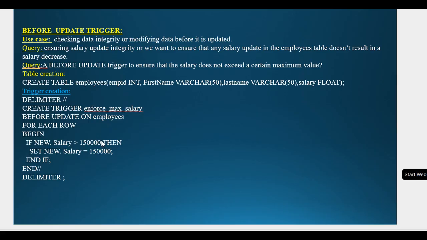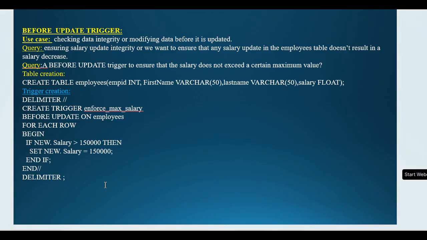Whenever we insert a salary above 1,50,000, like 2 lakhs or 3 lakhs, it has to be set to 1,50,000. We use an if statement, then end that if statement, then end, and delimiter close.